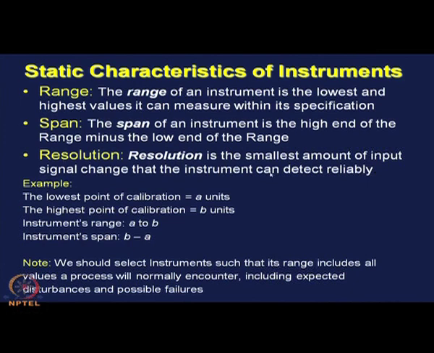Resolution is the smallest amount of input signal change that the instrument can detect reliably. It should be noted that we should select instruments such that its range includes all values a process will normally encounter, including expected disturbances and possible failures.